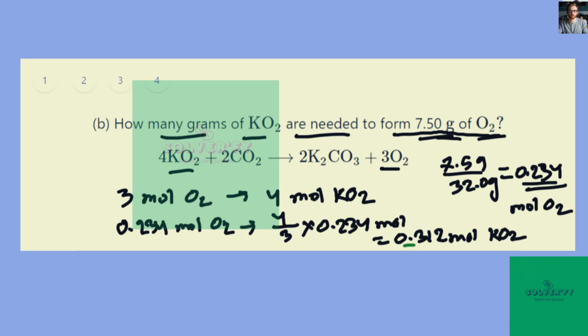That means 0.312 mole KO2 will produce 0.234 mole O2, which is the number of moles of 7.5 gram O2.